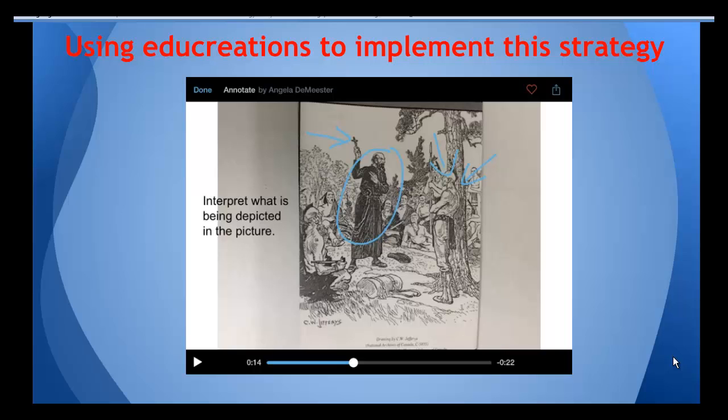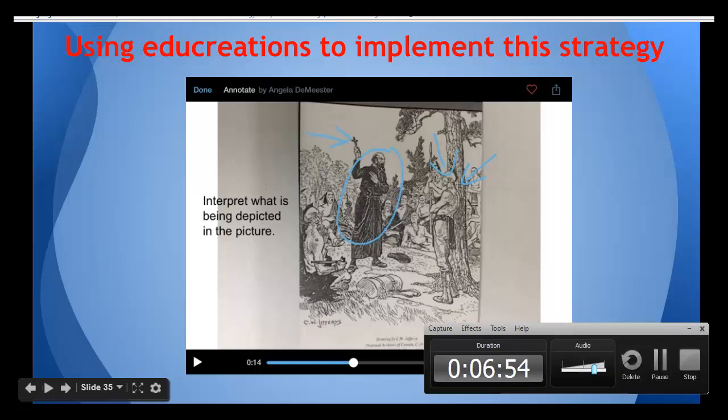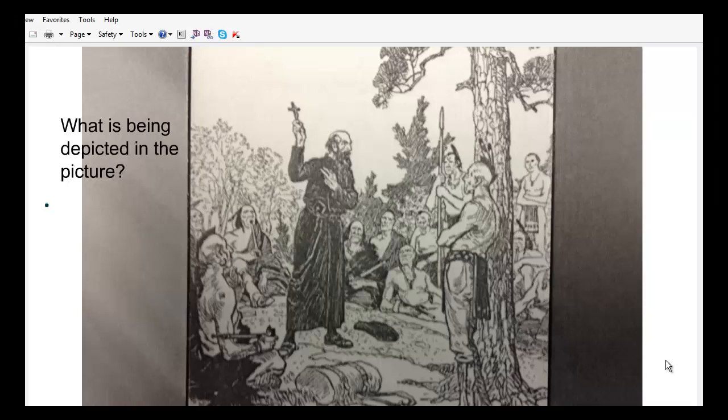Again, the following is an example of one student's thinking. I think this picture is showing the early contact between the First Nations and Europeans. In the picture, there is a missionary because he has a black robe and is holding up a cross. The other people are First Nations. I kind of know that because I can see peace pipes and headgear.